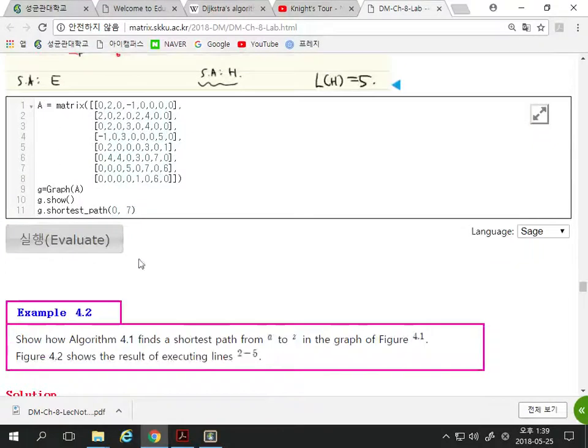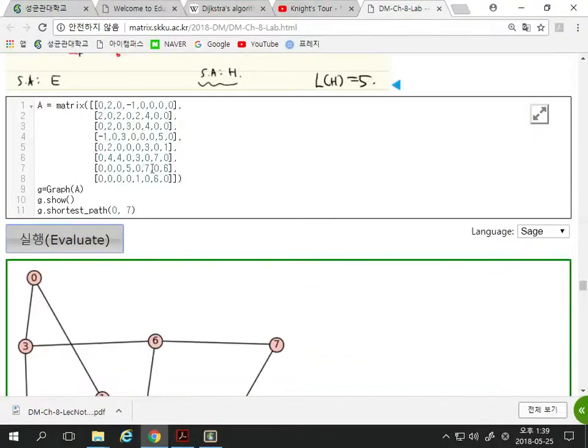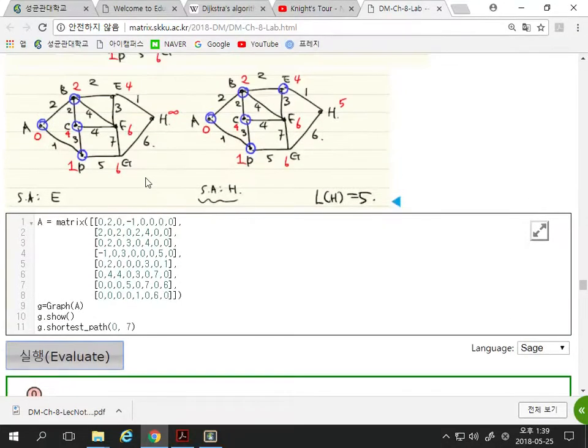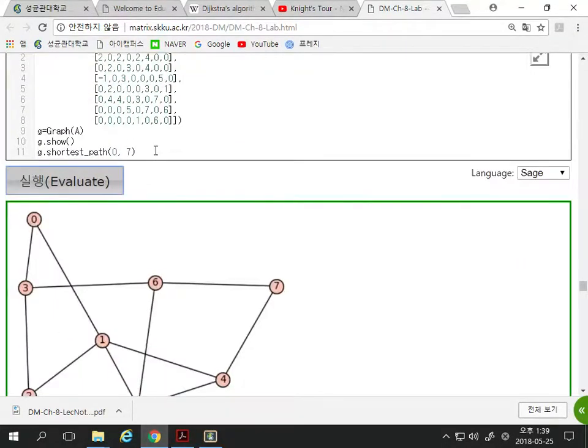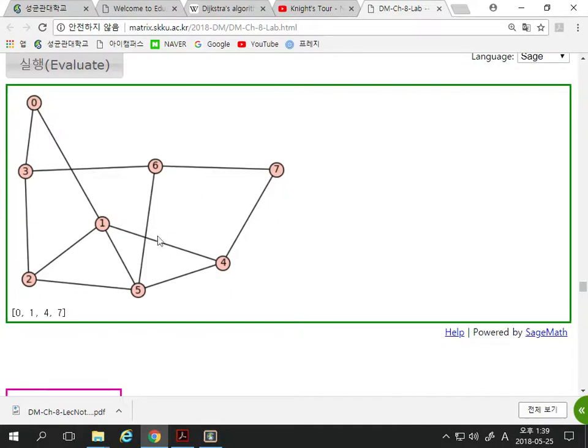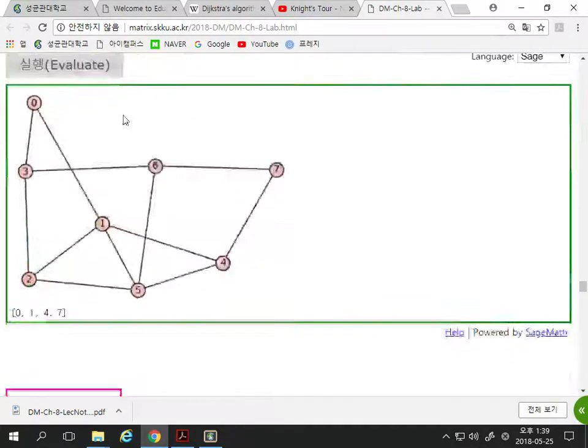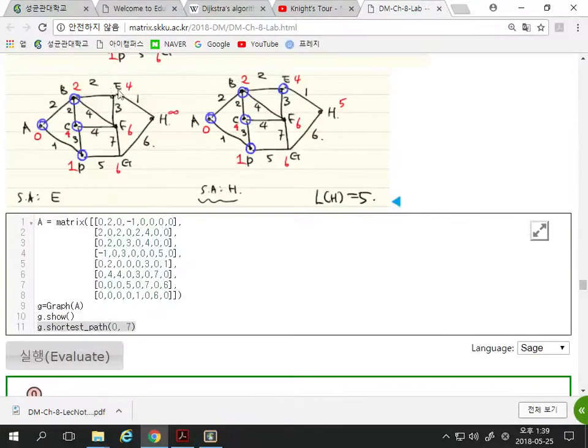In this graph, this matrix is a representation of a graph, and this gives us a shortest path, which is from 0, 1 to 4 and 7. This gives a shortest path from a graph which was given here, which can be represented in a matrix representation of the graph like this.